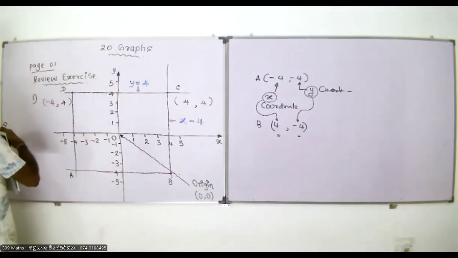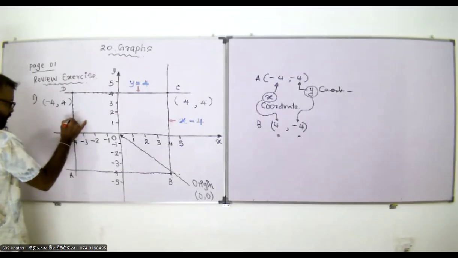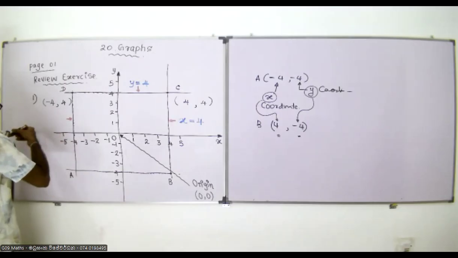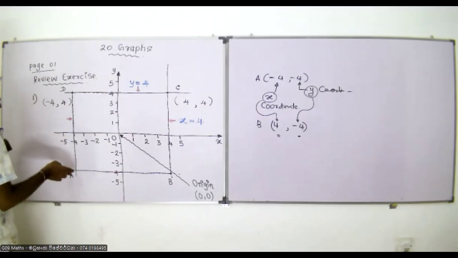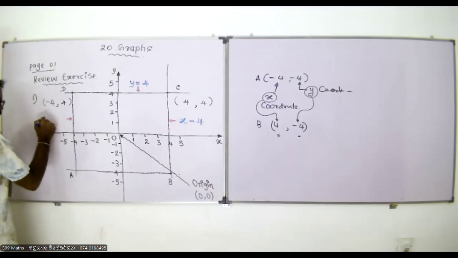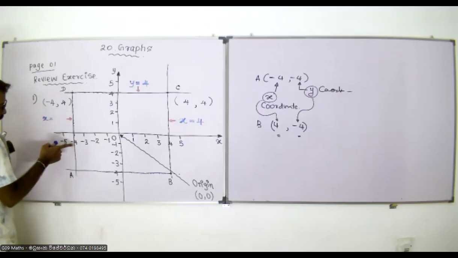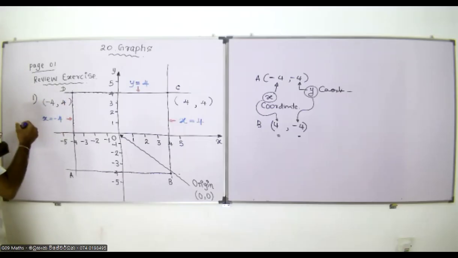So this one, AD. What do you need to follow? The AD line passes through which axis? That is x. And which point? -4. So x equals -4 is the equation of the AD line.